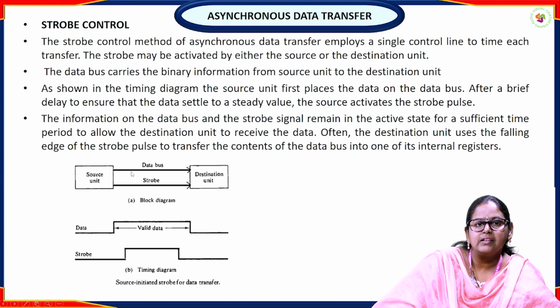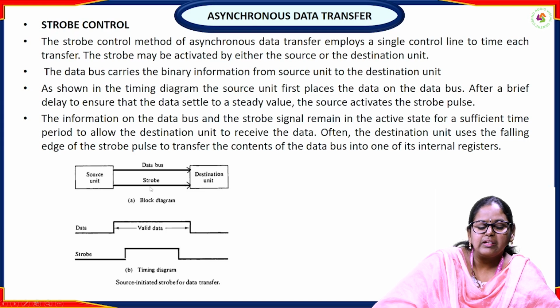We have the data bus through which the binary information is transmitted, and the strobe control line, which indicates that valid data is present over the data lines.